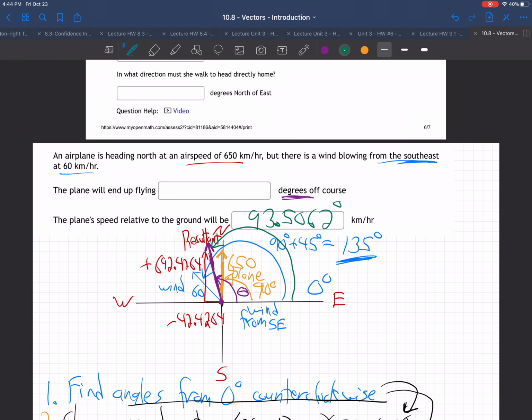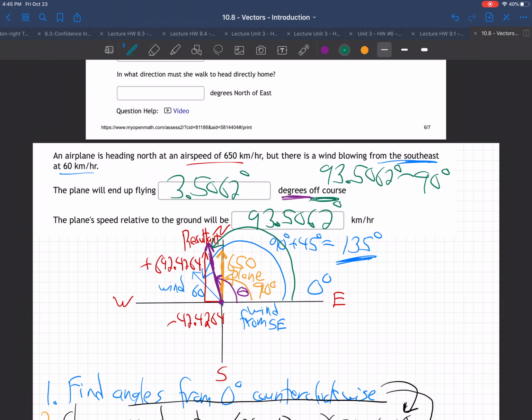So how much off course is it? It wanted to go straight up, which would be 90. So how far off course? You got to take the 93.5062 degrees and subtract 90 degrees, which leaves you with 3.5062 degrees. That's how far off course, right?